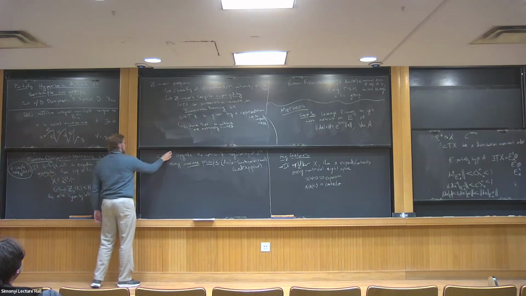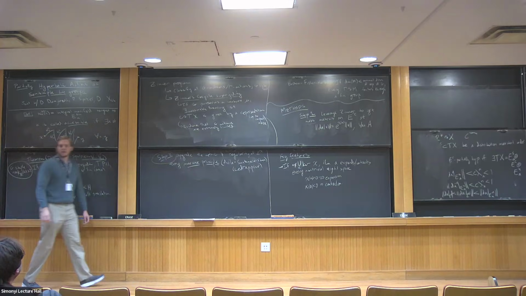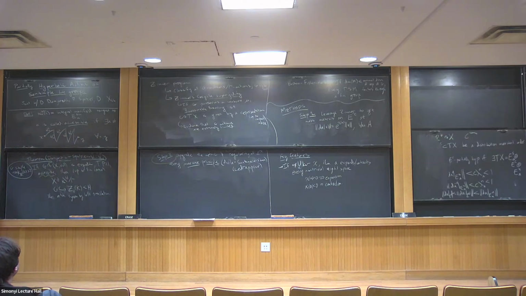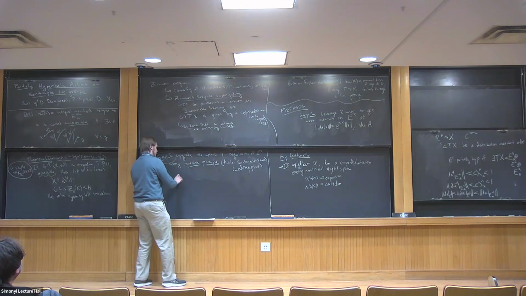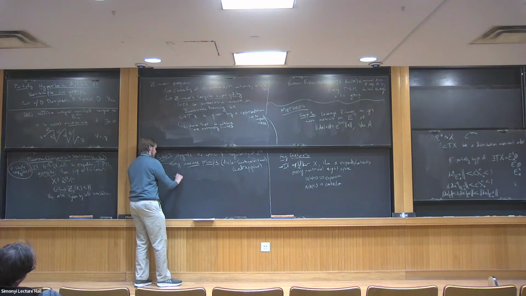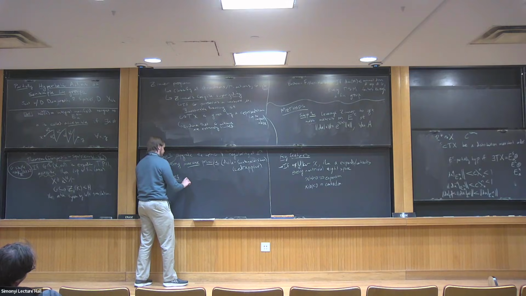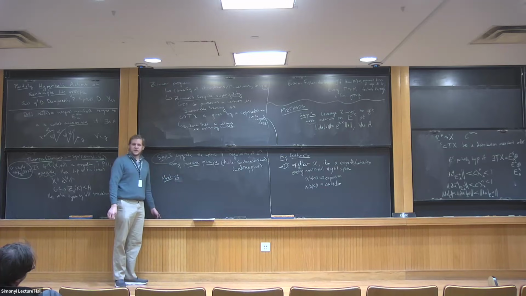And this is really the only place, we'll use it one more time, but in step 2, this is sort of the key place that we use the accessibility assumption. What does the invariance principle mean? So the invariance principle says the following. There's a variety of versions, so let me state the moral.